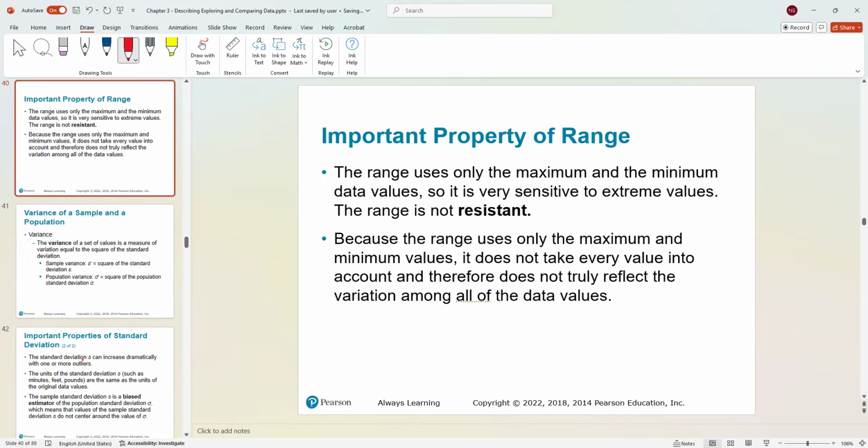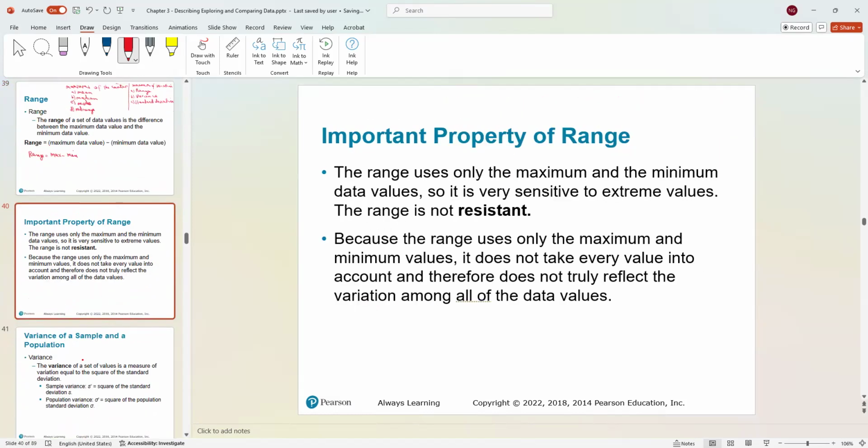Let's say, for example, suppose we have a data set like this: 1, 3, 3, 2, 5, 6, and 8.